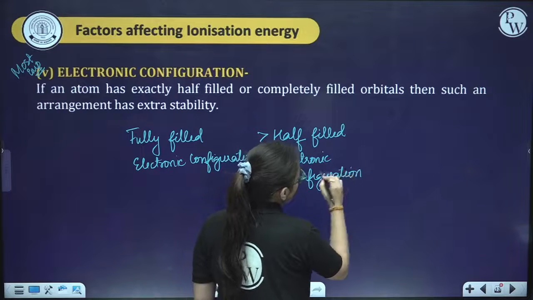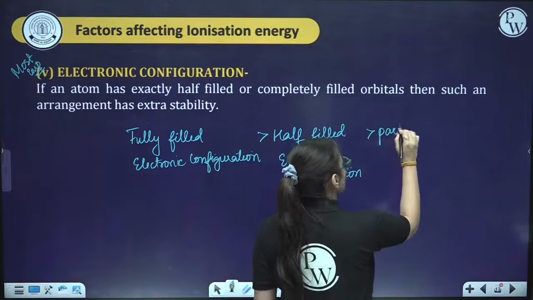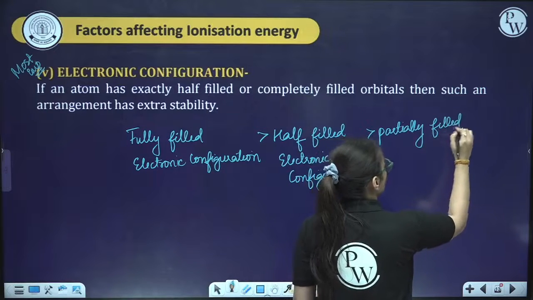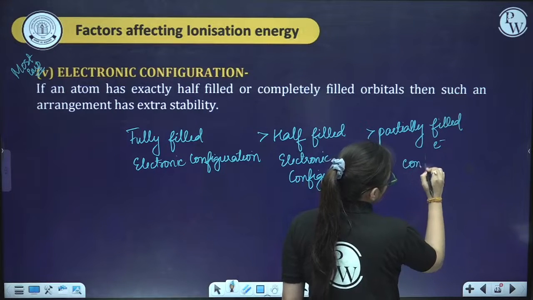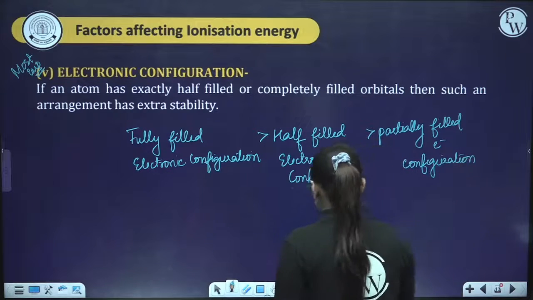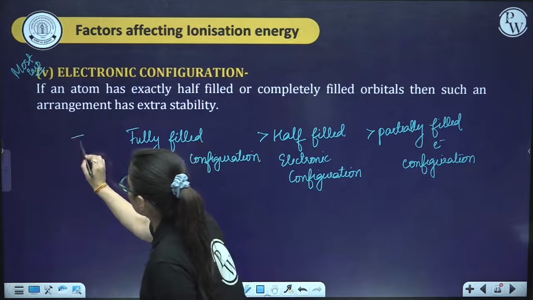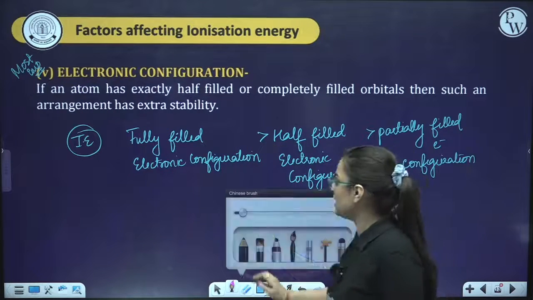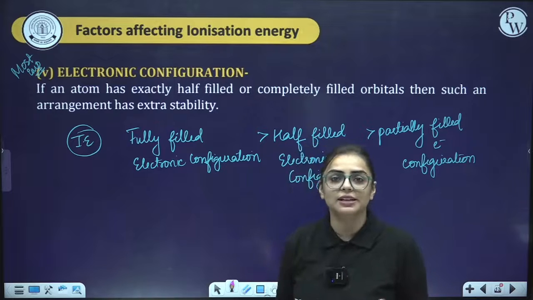And at last it will be partially filled electronic configuration. What I am saying is, this is the order for ionization enthalpy. You will require more energy in fully filled electronic configuration than in half filled and at last partially filled.